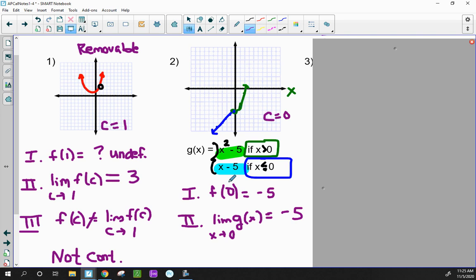Again, this is a location on the graph. This is a limit, meaning the height of the curve.